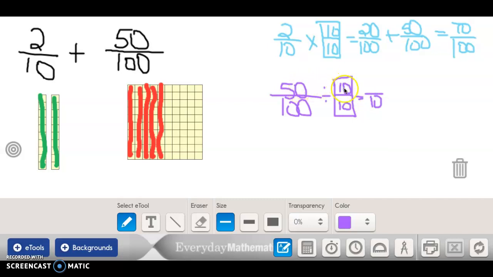And 50 divided by 10 is 5. 100 divided by 10 is 10. So my fraction is 5 tenths. I now have a common denominator with 2 tenths, and I can add these two fractions. 5 plus 2 is 7, and the denominator, tenths, stays the same. Okay, so we're going to try a new problem.